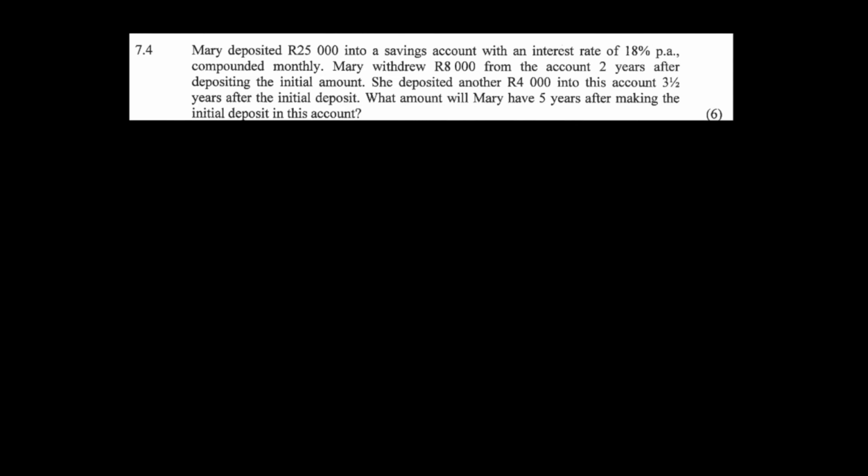So we need to set our timeline up for 5 years. So T0 is when it begins, T1, T2, T3, T4, T5. Okay, so let's start adding in the money.